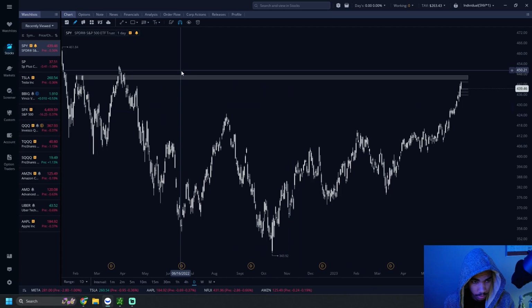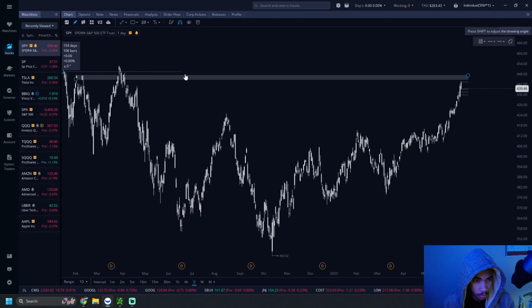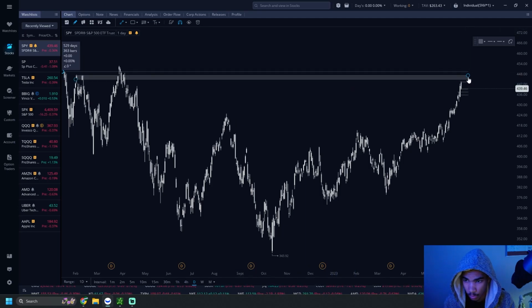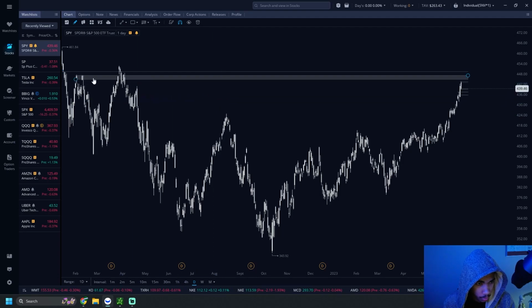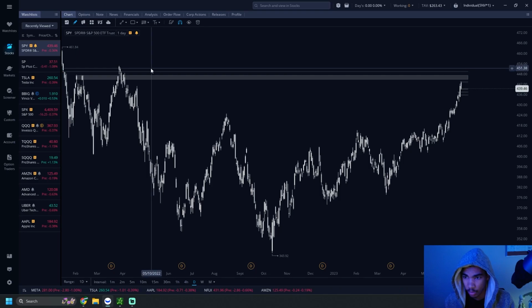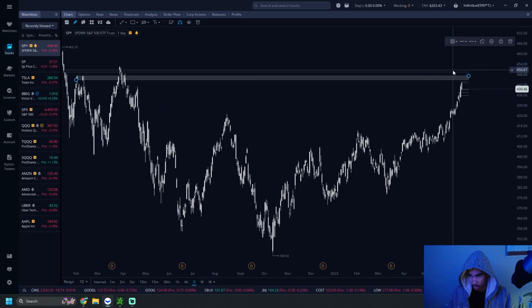And then above there, we've got price touching this little area right here a few times. So this is how we're going to mark this for the daily chart.